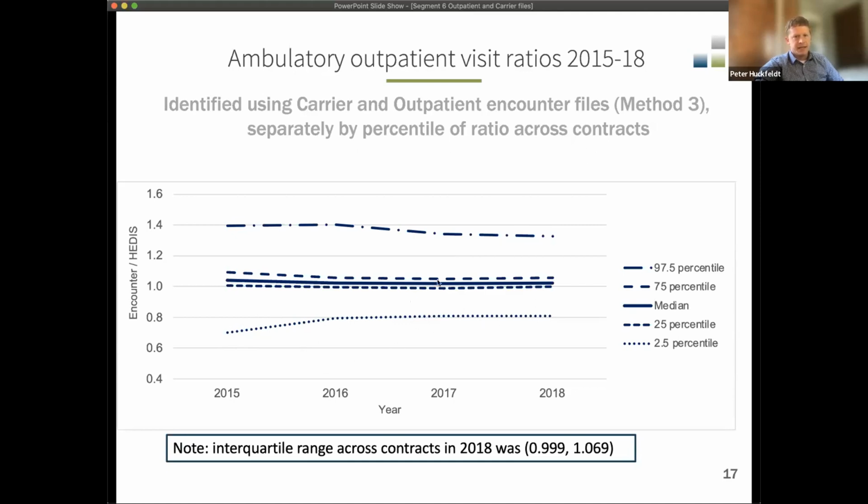The solid line is the median, and the two dashed lines indicate the 25th and 75th percentile, so this is the interquartile range across contracts in a given year. The key takeaway here is that the median contract doesn't change that much between 2015 and 2018 in our data. It's slightly more than 1 over this entire period.